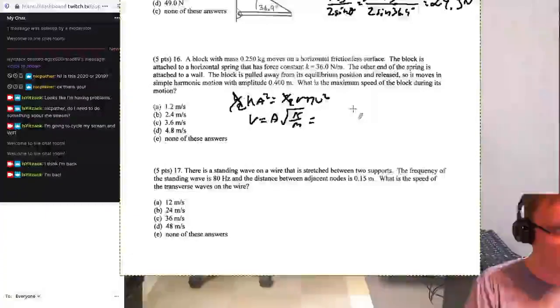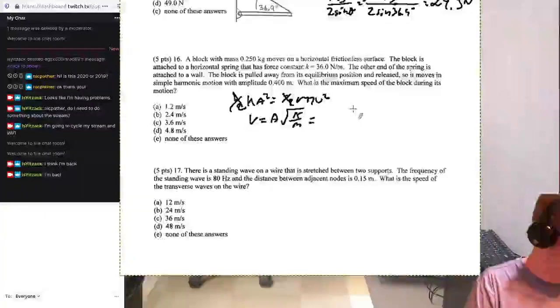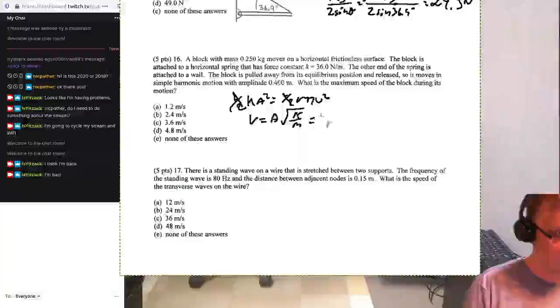Amplitude 0.4, square root of k, 36, divided by a mass of 1/4. 36 is 9, a quarter comes up on top, 4 is 2, 2 times 9 is 18 times 0.4 is 4.8. Oh, right, well, 0.4, yeah. 4.8 meters per second.